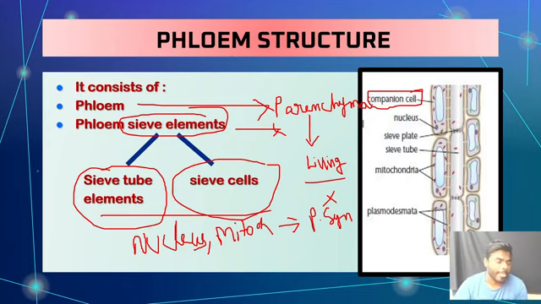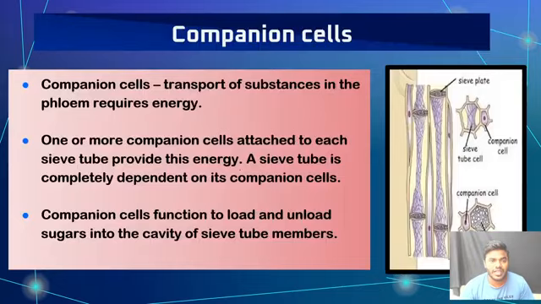Once again listen, we read very clearly, tracheary elements are dead in nature, there is no doubt about it. But sieve elements are living at maturity. Even though they are living at maturity, friends, they do not contain a nucleus and mitochondria. Hence, friends, they are not involved in the synthesis of proteins. Always remember this.